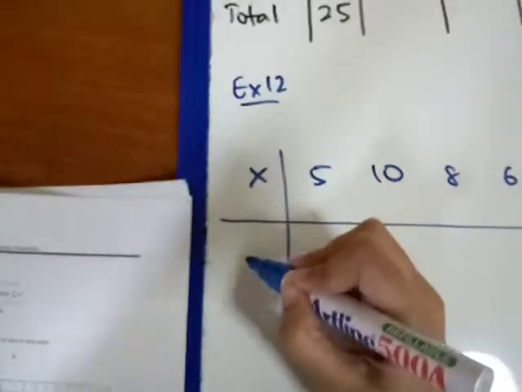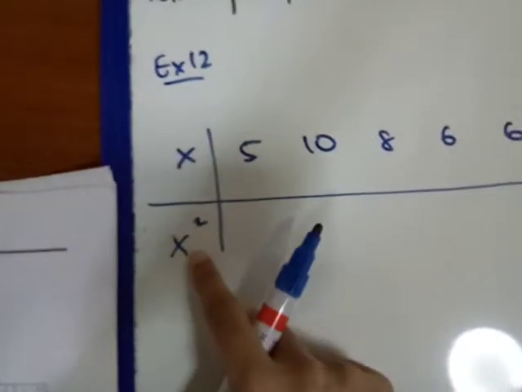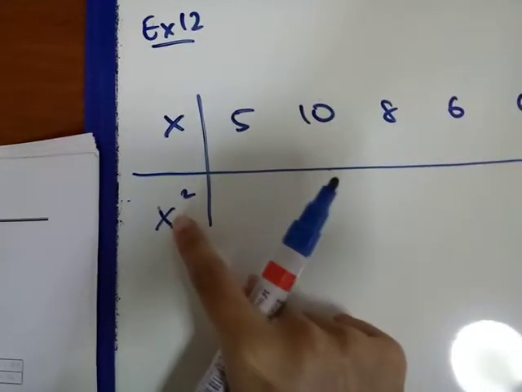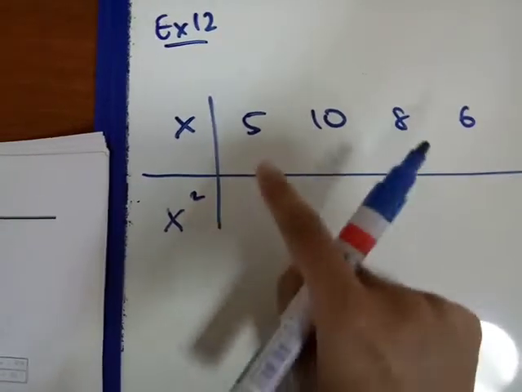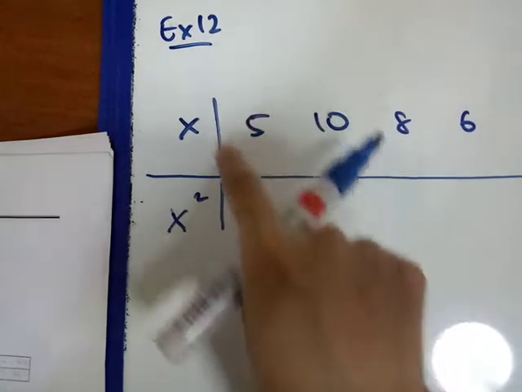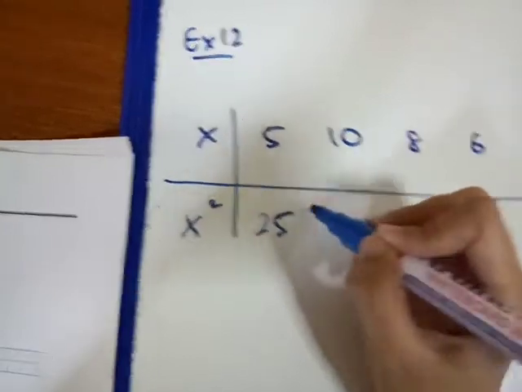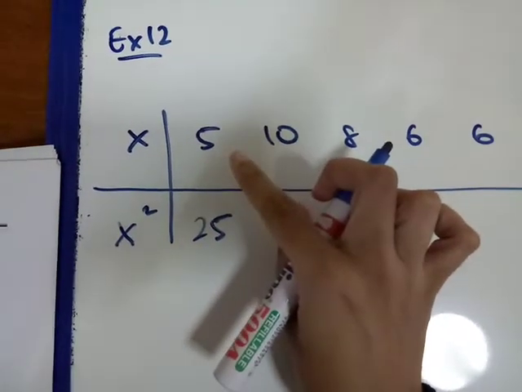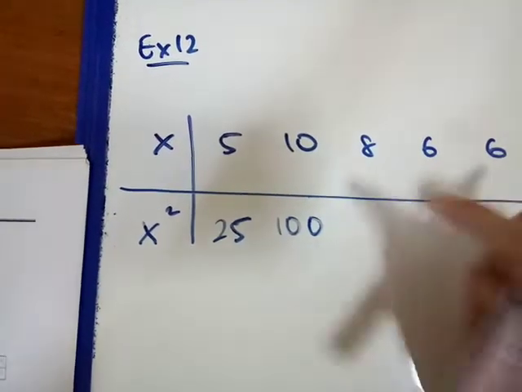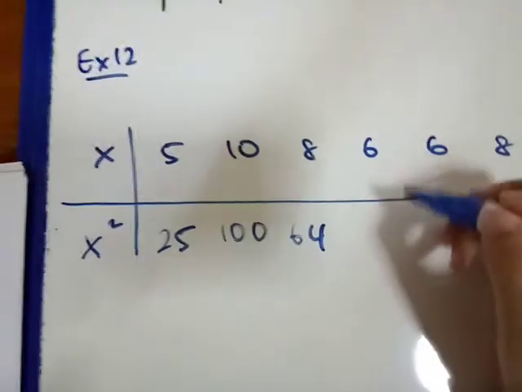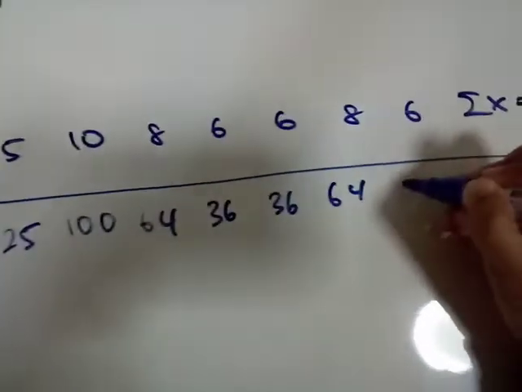Second step, you have to square each value of X, that means you have to find the total X square. So this is the value of X. 5 square is 25. 10 square is 100. 8 square, 64. 6 square, 36. 36, 64, 36.